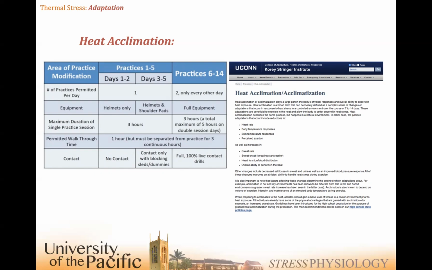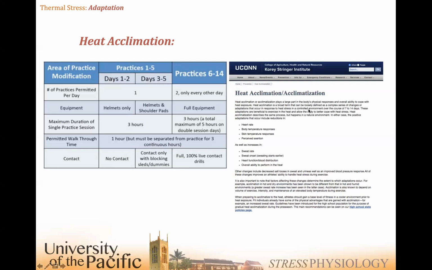And so there starts to be advice like, okay, we're pretty early here: helmets only, and then after a couple of days we can get into helmets and shoulder pads. Practices 6 to 14, we can look at getting some thicker uniforms on. But don't just leap into full practice, full uniform, unless you want to have lawsuits on your hands because you killed people.